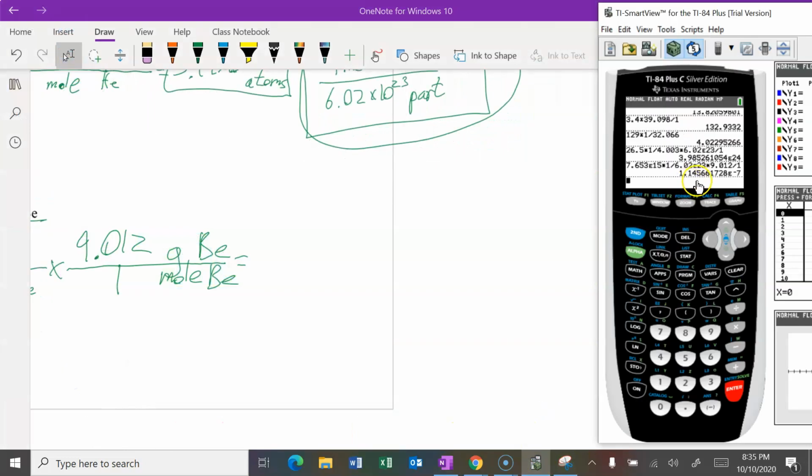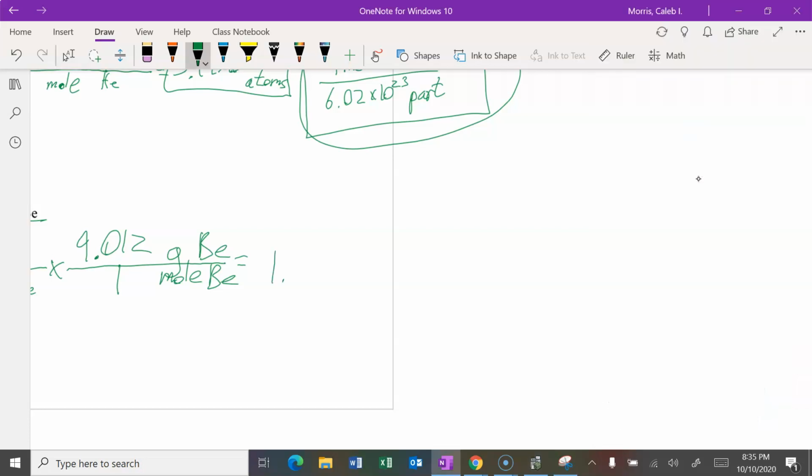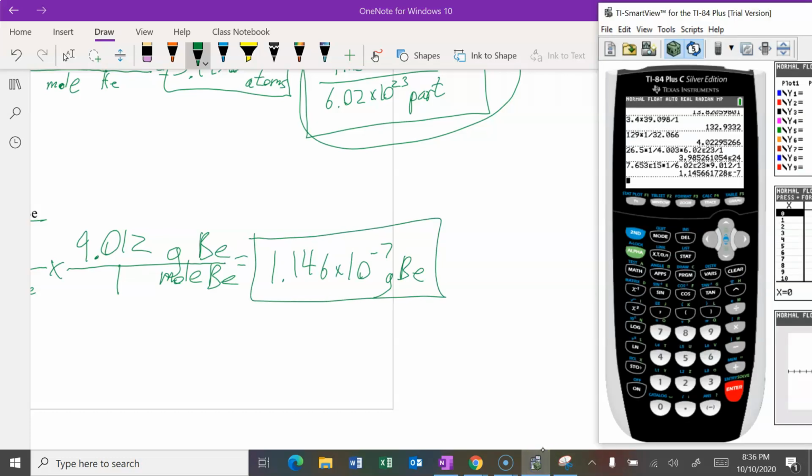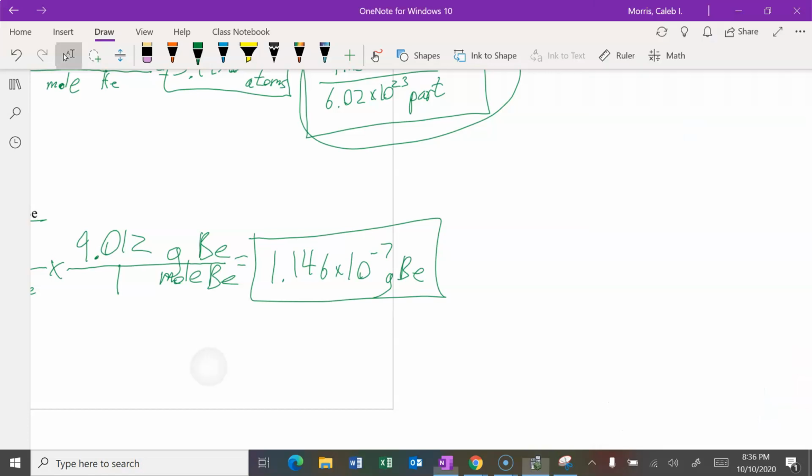So 1.146 times 10 to the -7th. And my units should be grams of beryllium. Double check that answer again. 1.146 times 10 to the -7th grams of beryllium.